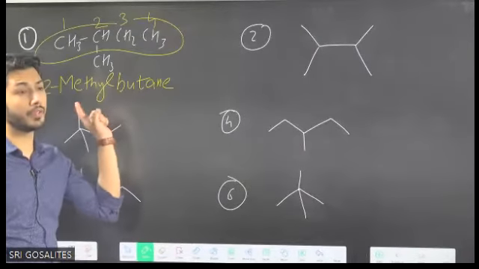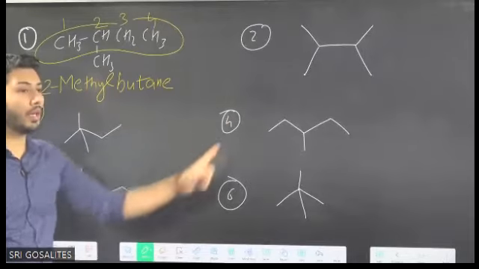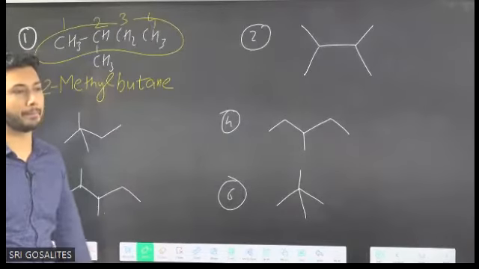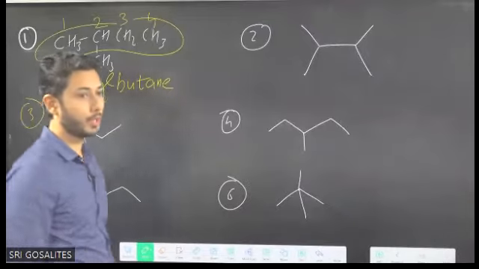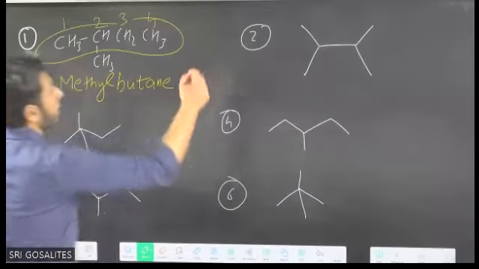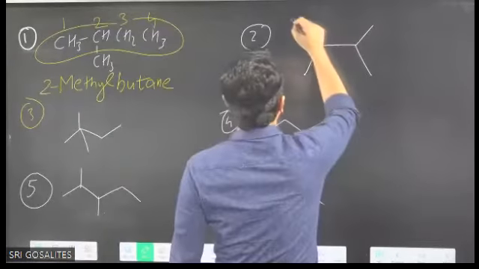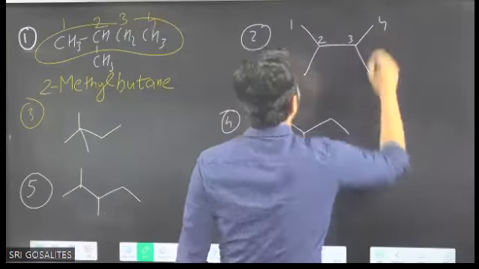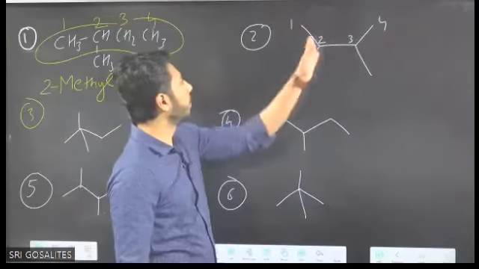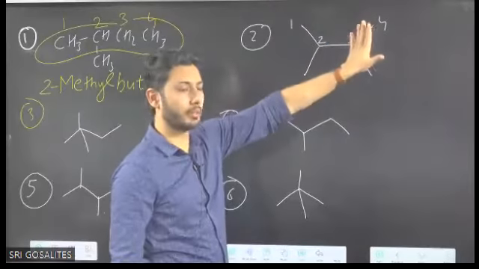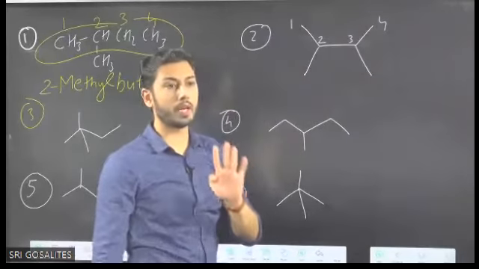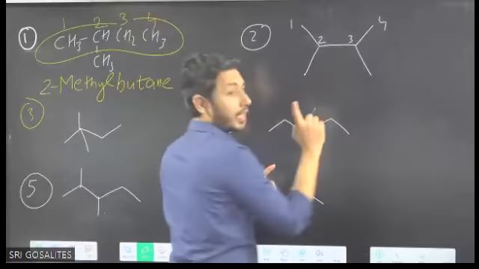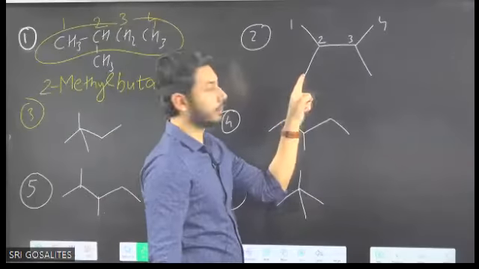Points are there. Primary suffix means what? Cyclo. These are all open chain structures, so we are not going to use any cyclo term here. Now check the answer. Second, longest chain, any side you can select from the right or left. 1, 2, 3, 4. All are correct. Maximum 4 carbon atoms in the parent chain. And what are the substituents? Methyl and methyl.